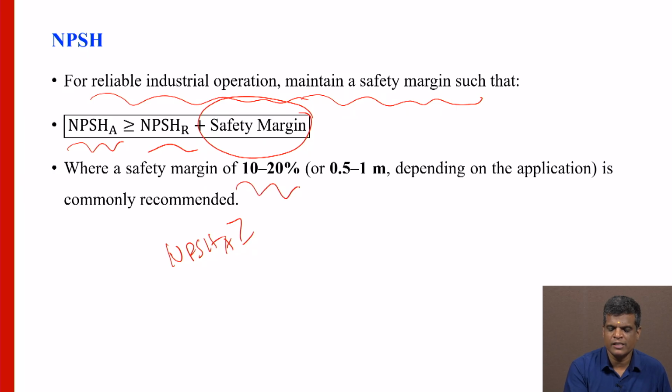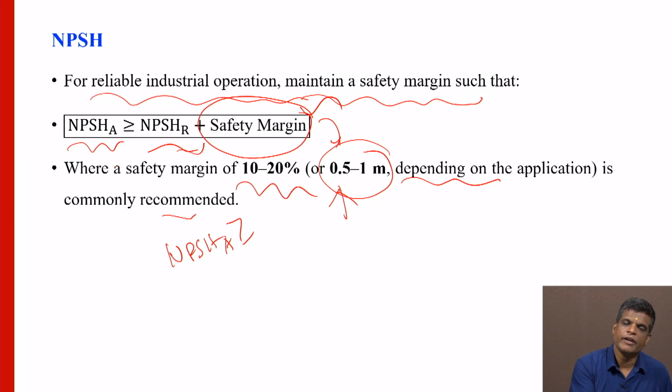Normally 10 to 20% or 0.5 to 1 meter, depending on the application, is commonly recommended. So the net positive suction head available is always greater than the required, with some safety margin added here.